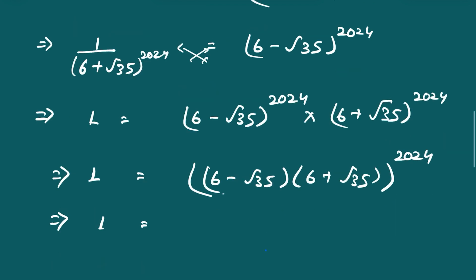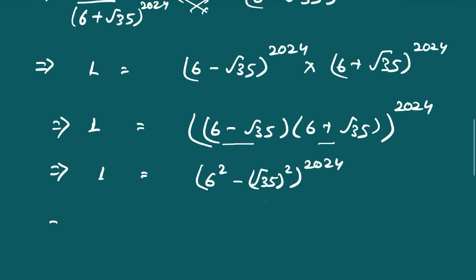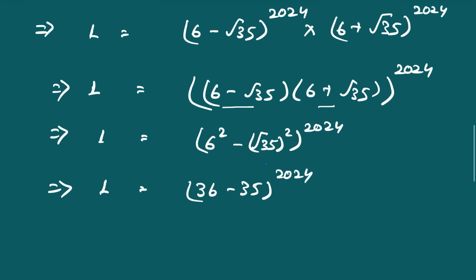This is in the form of a minus b and a plus b, so it is (6² − (√35)²)^2024, or 1 is equal to (36 − 35)^2024, and that will be 1. So LHS is equal to RHS, hence our answer is correct.